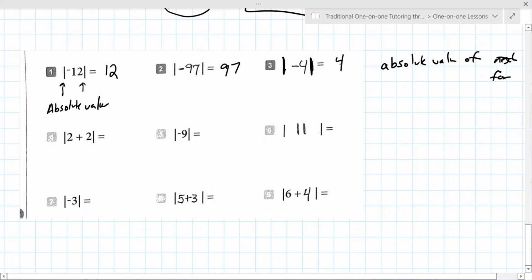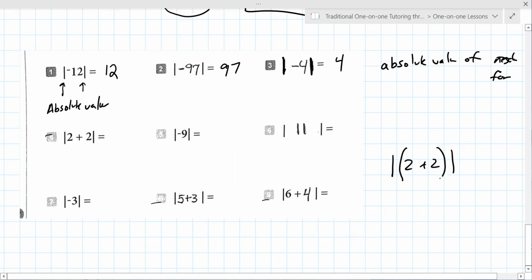Good. Okay, so the ones that we definitely need to talk about here are 4, 5, 6, 7, and 8, and maybe 9. So notice number 4 says absolute value of 2 plus 2. Now what is that? It would be 4. It is 4, but here's why, because this is what matters. There are actually what are called implied parentheses inside the absolute value.